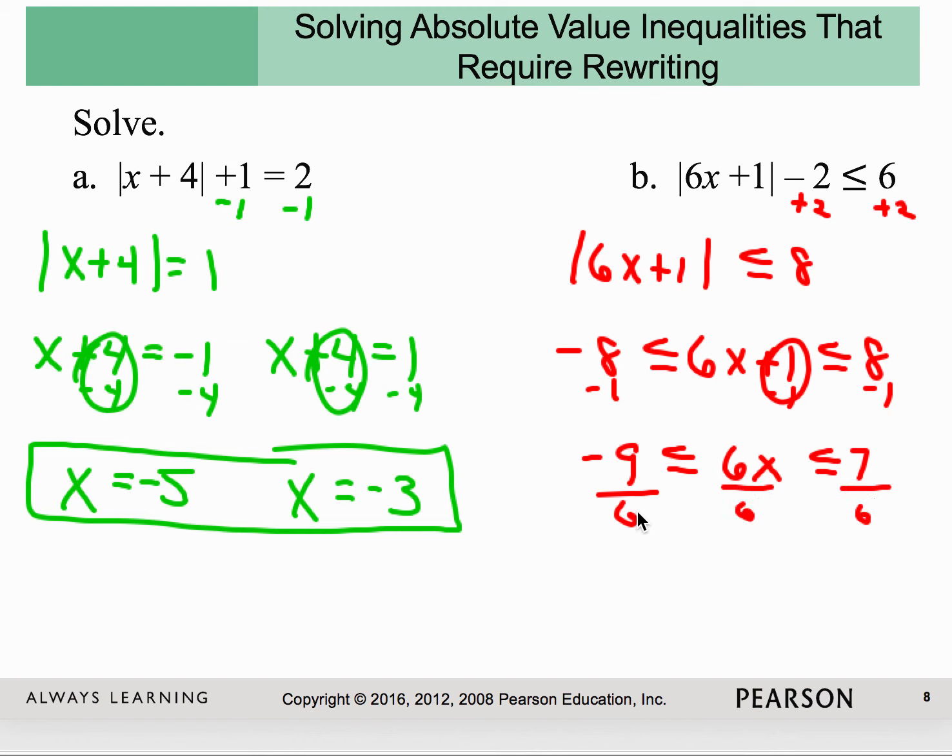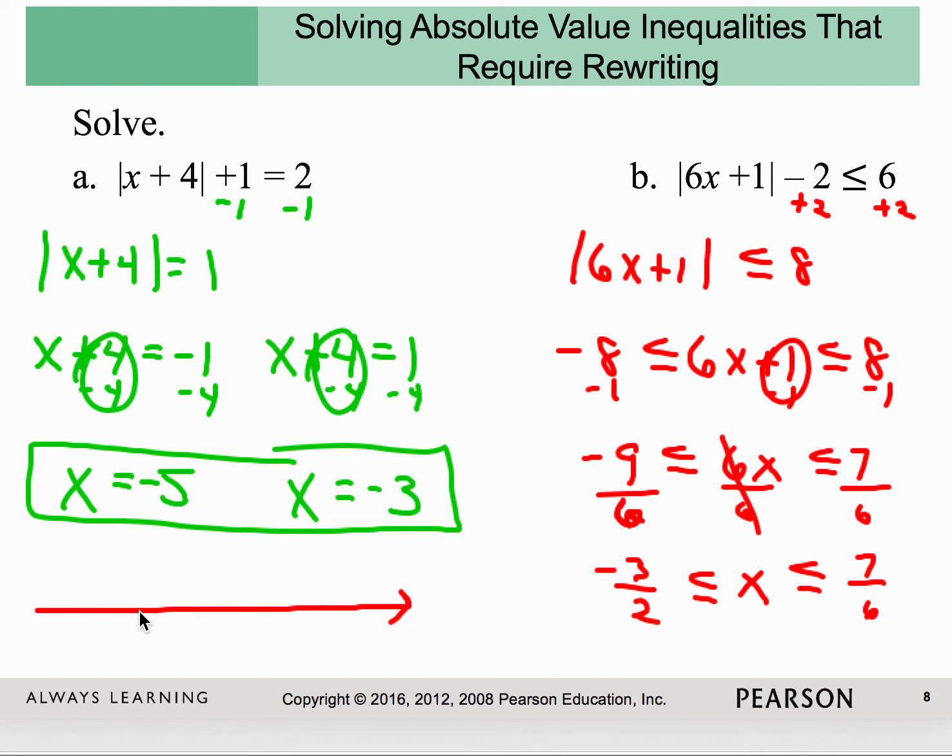All right, so -3/2 and 7/6. Look at this one, guys. Because that number's negative and this one's positive, right?